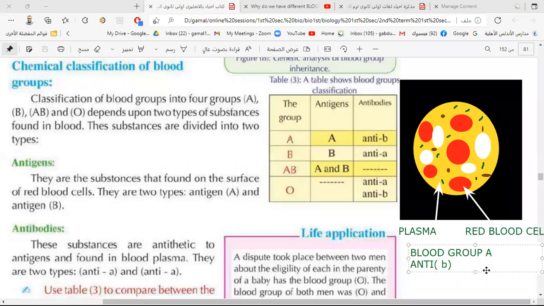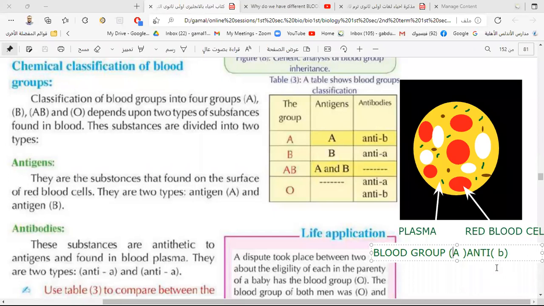Because the blood group is A, he has anti-B. And if the person has blood group B, what is the type of antibodies?